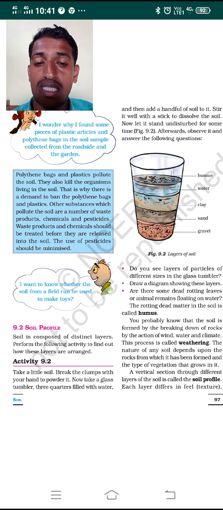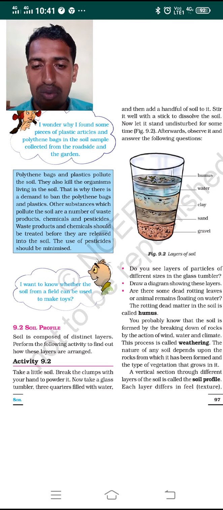So waste products and chemicals should not be released immediately from the factories. They must be treated before they are released into water sources or into any nearby soil. The use of pesticides should be completely minimized. By doing so, the fertility of the soil can be increased, and the killing of microorganisms in the soil can be reduced. So the soil can remain fertile.